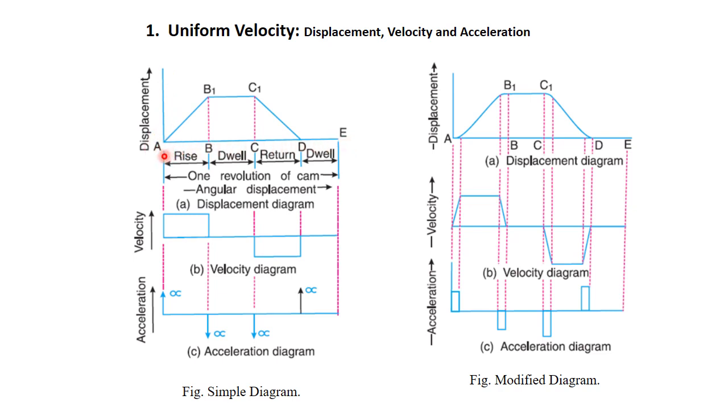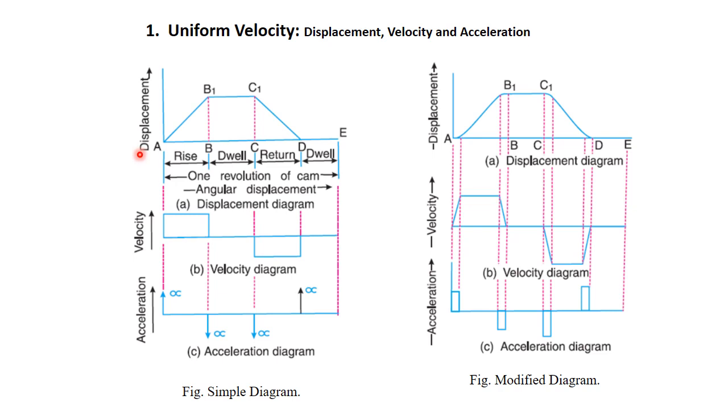For any cam, the angle turned for one cycle will always be 360 degrees, that is 2 pi. Now for this cam, when it has uniform velocity, we are going to trace the displacement, velocity and acceleration for one complete cycle.